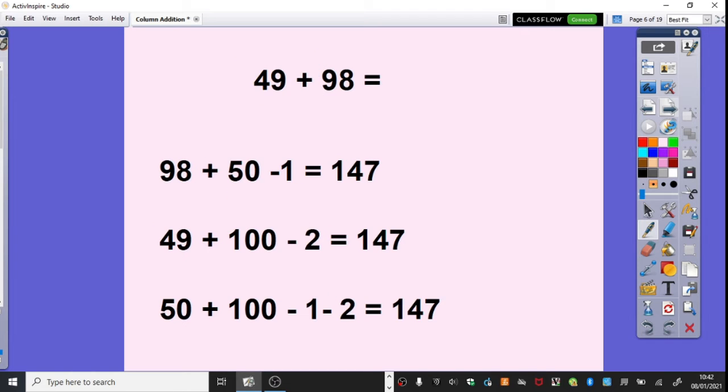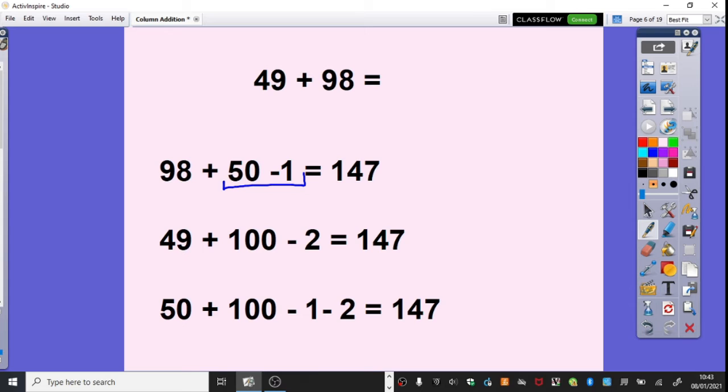And another example here, we've got 49 is very close to 50. So we've used our strategy there of adding 50 and minusing 1, the 1 too many. We're close to 100 here with 98. So we've got our example here of adding 100, subtracting 2 because we had 2 too many.